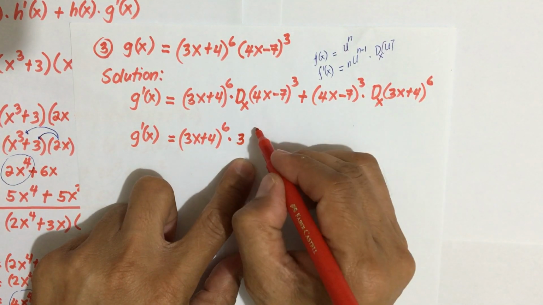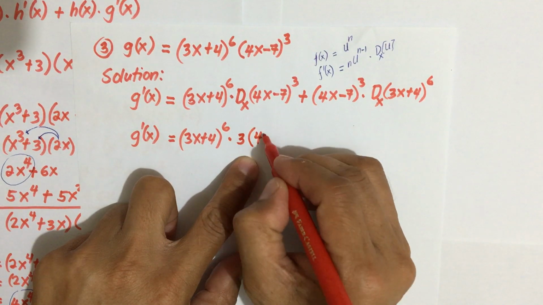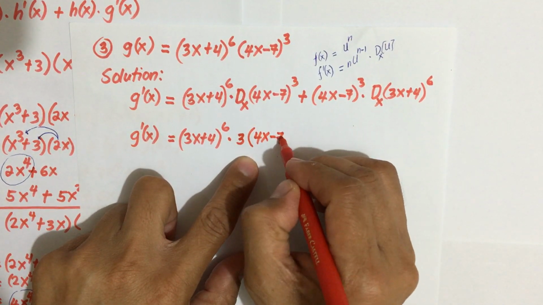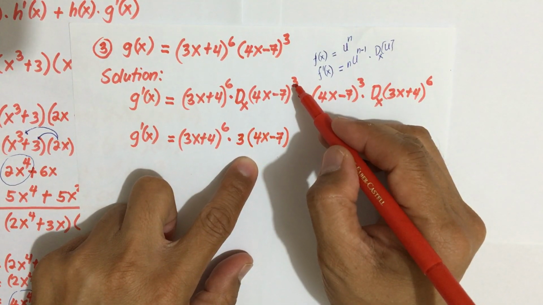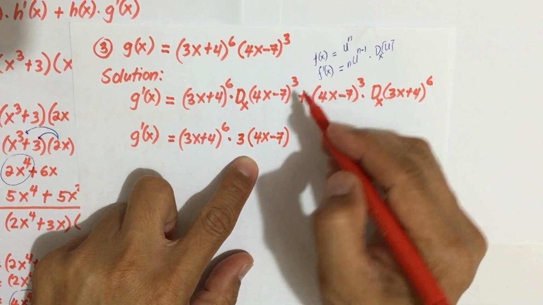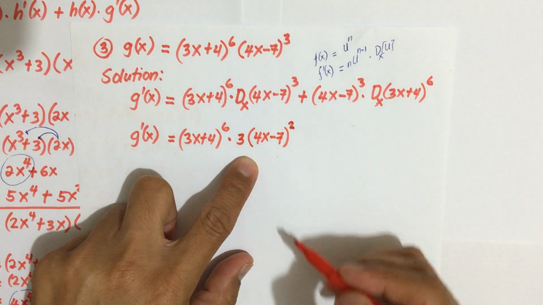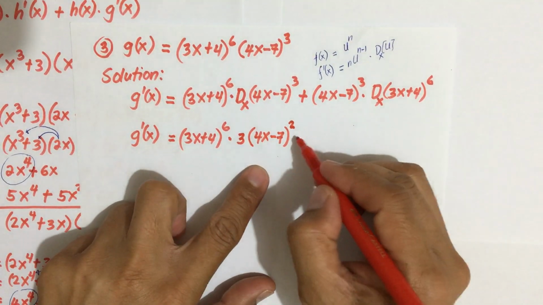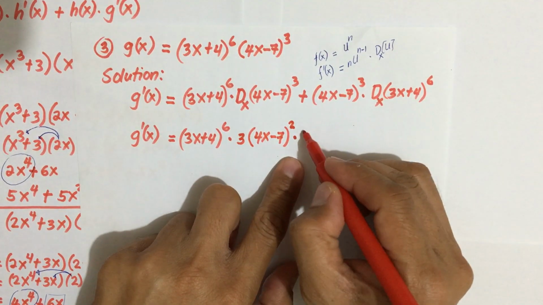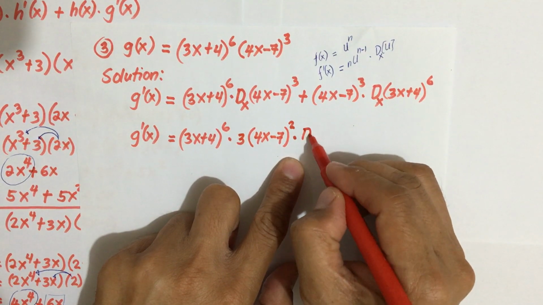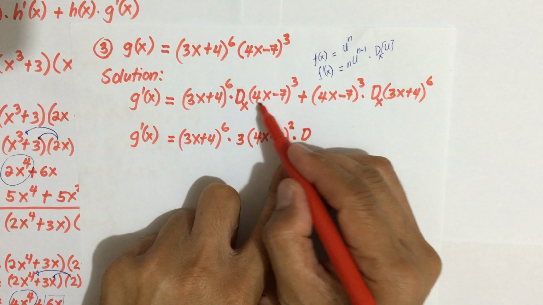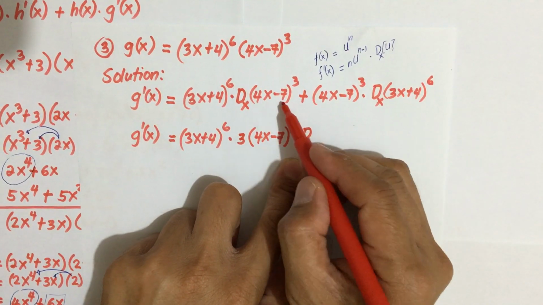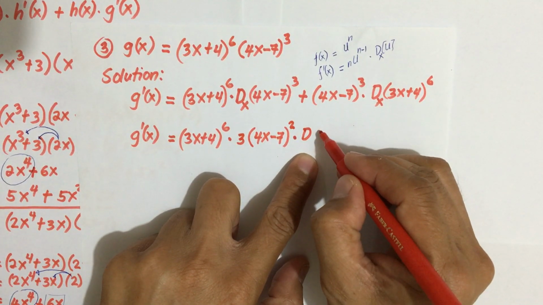So 3 then times 4x minus 7, then the exponent now is n minus 1. This is our n, so n is 3, so 3 minus 1, so this becomes 2. Times the derivative of u, so this is our u.